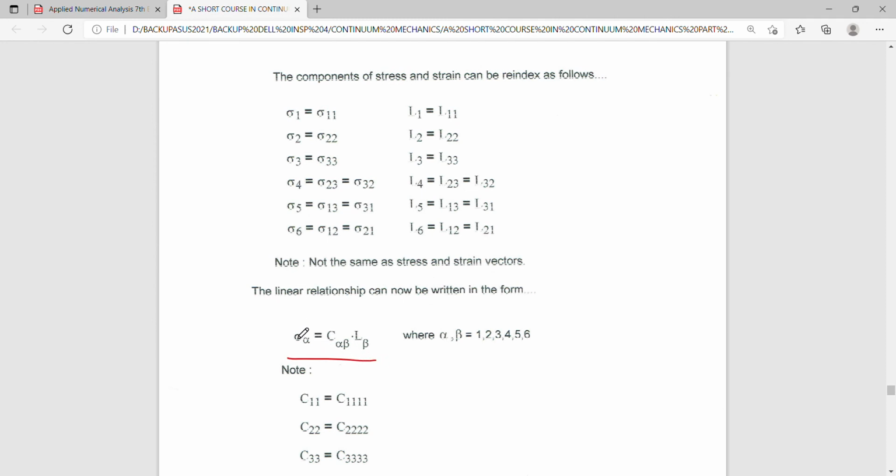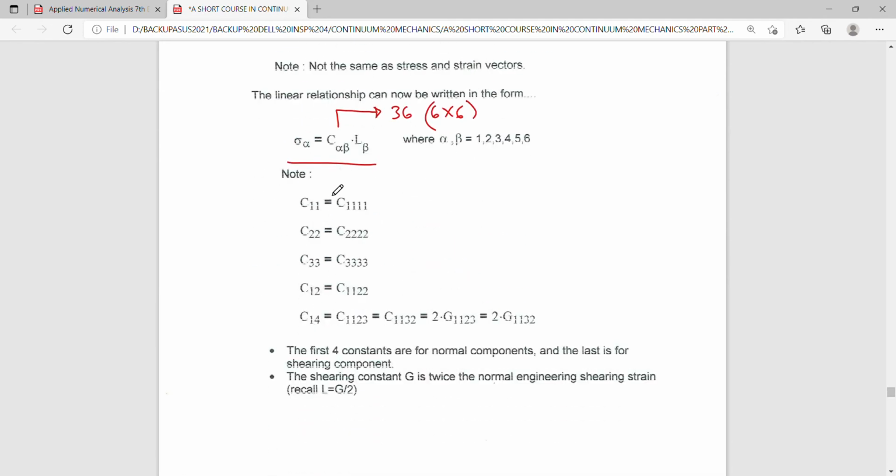So, it's a stress vector with a generalized constant. Okay? So, ngayon, ilang elements na lang ito? 36 na lang ito. Tama? Kasi 6 by 6, 36. Ito vector na rin. So, this is a 6 by 6 matrix.